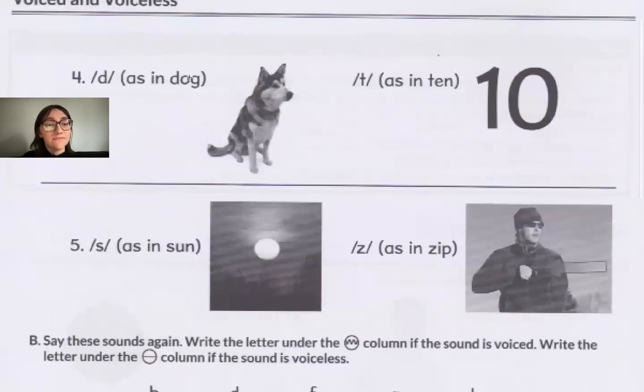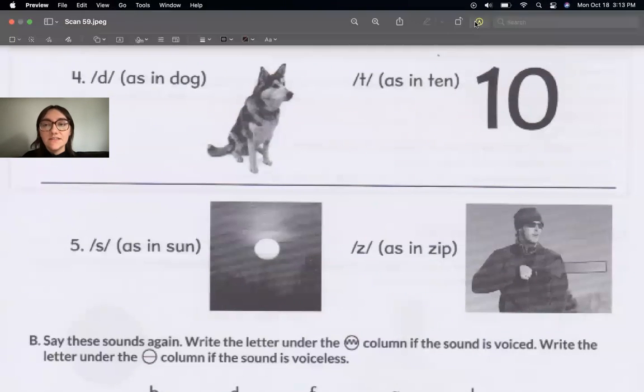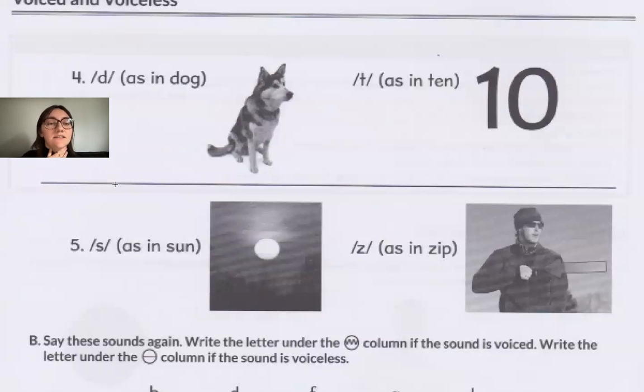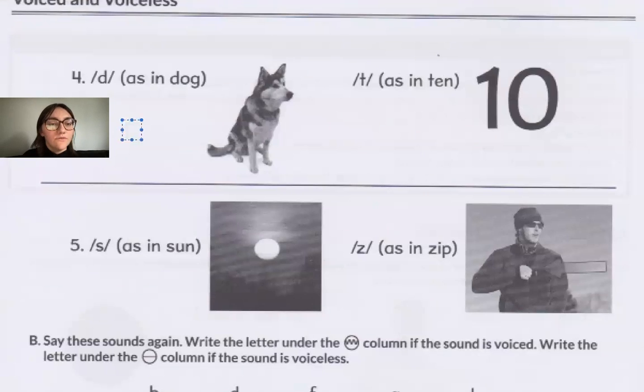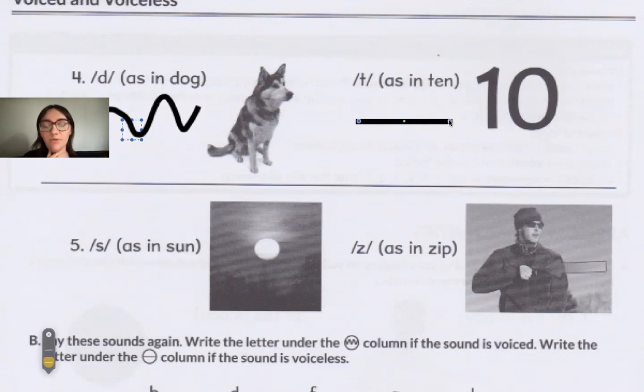Okay, now let's go on to the next one. Voiced or voiceless? Dog. That one's voiced, right? So we'll do the squiggle line. Next one: ten. That one's voiceless. No vibration, right?